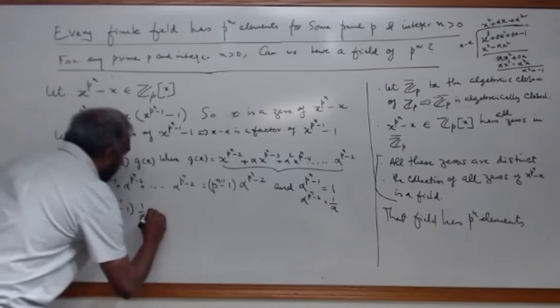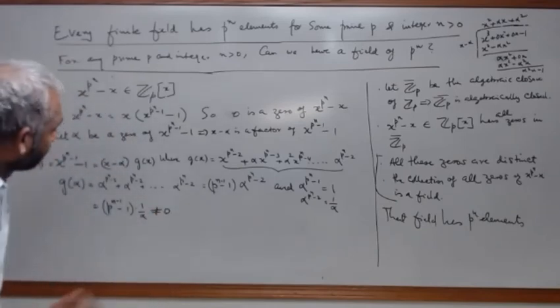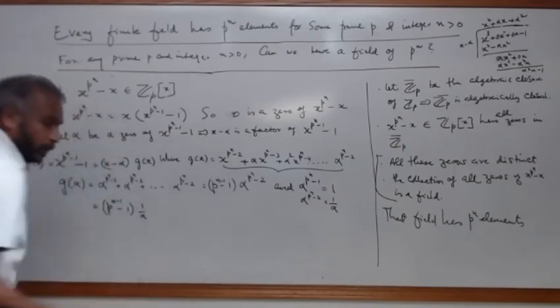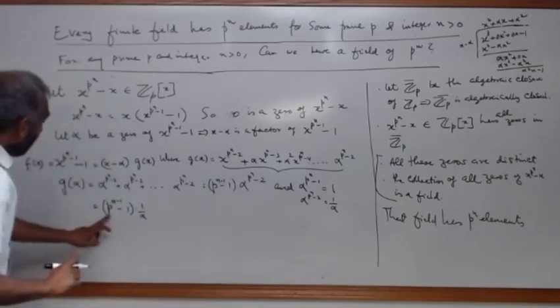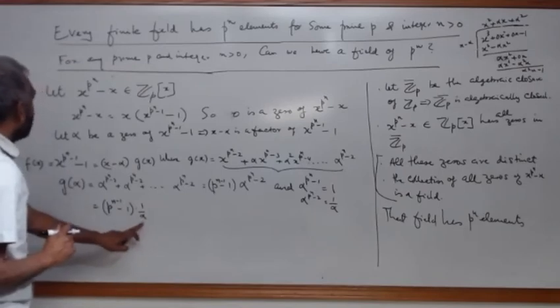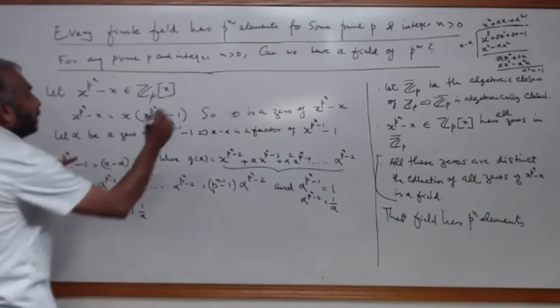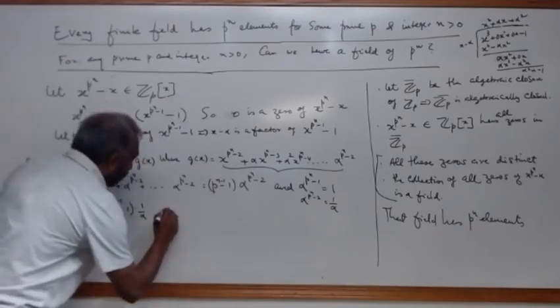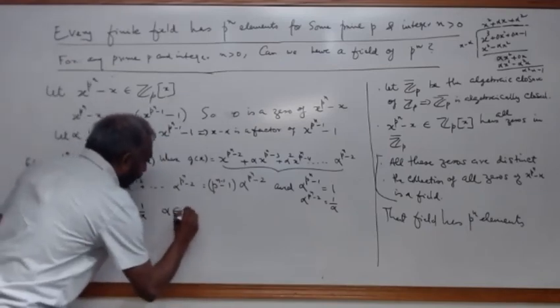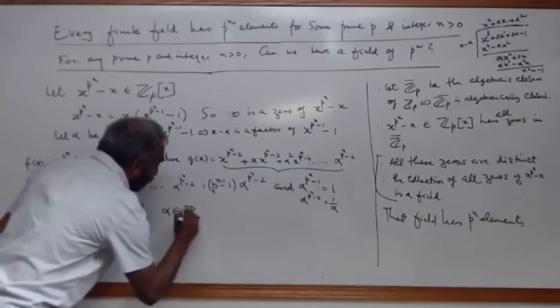This cannot be 0. Well, let us expand this one more step. See, 1 by alpha is an element from Z_p. Alpha belongs to Z_p closure.